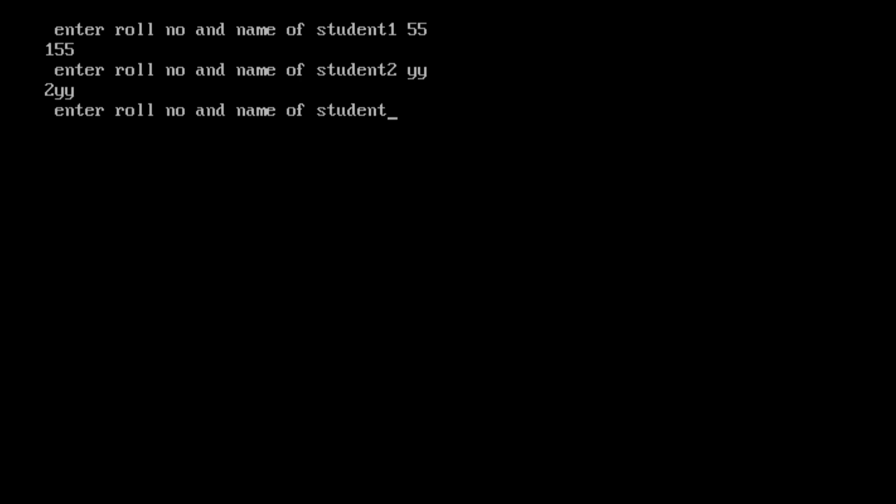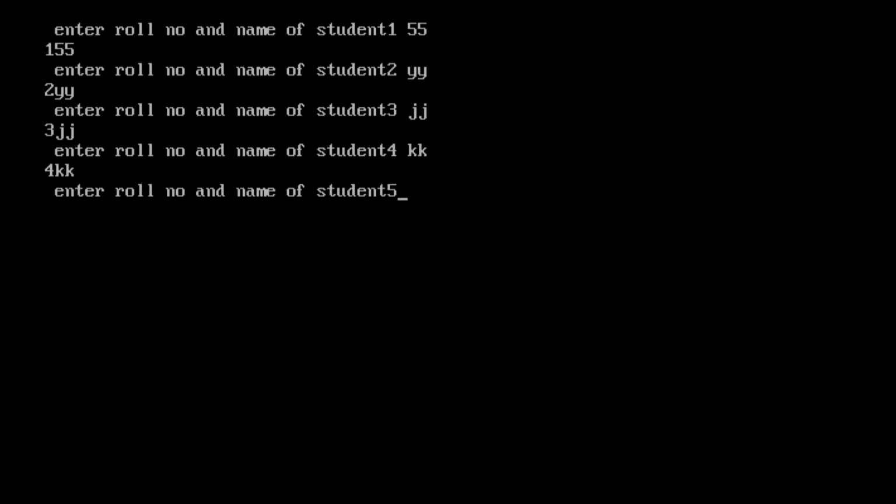Okay, again it is 1, 5, let's say 2, sorry, it is 5y, 3 it is jj, okay, 4 kk, 5 ll. Fine. So this is how the 5 values will be displayed, that is the data of 5 students. Okay, by mistake the 55 has been entered as a string, but it doesn't matter for the result.